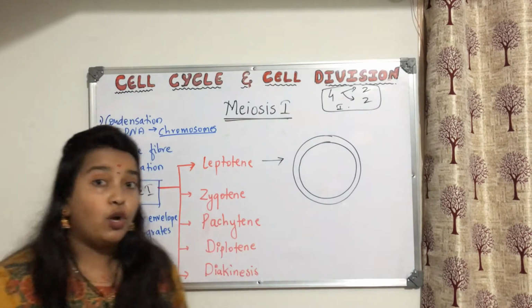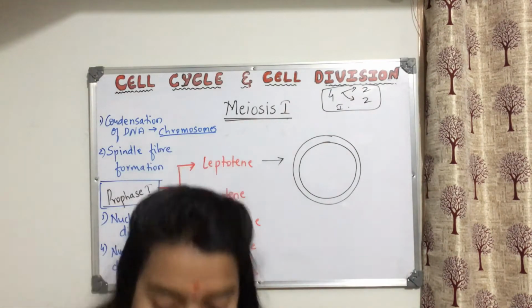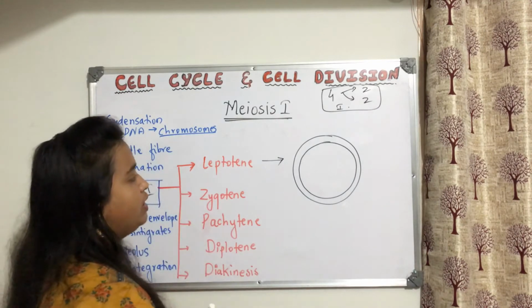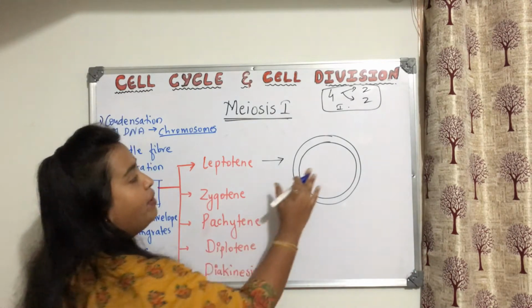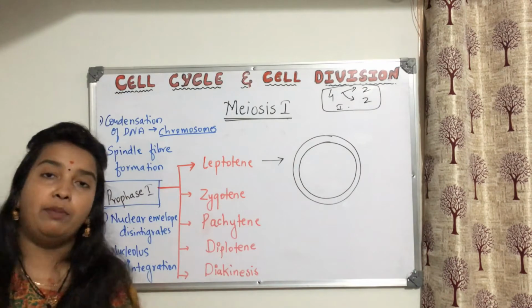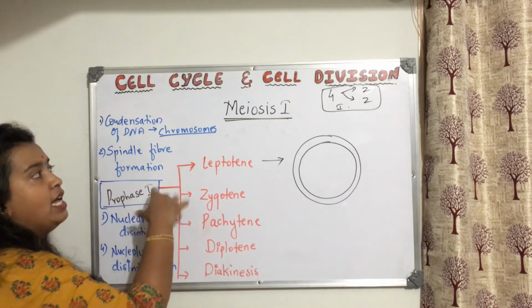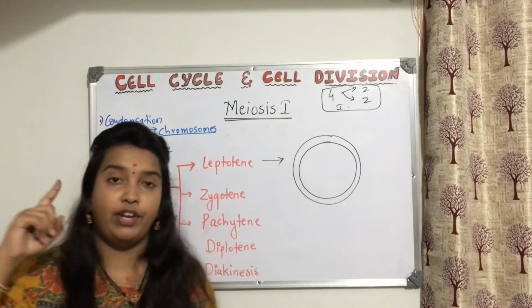Okay, so 4 chromosomes. All the 4 chromosomes will not be the same. Why are they not the same? Can you think about it? See here, before the cell undergoes prophase 1, the cell will undergo which phase?